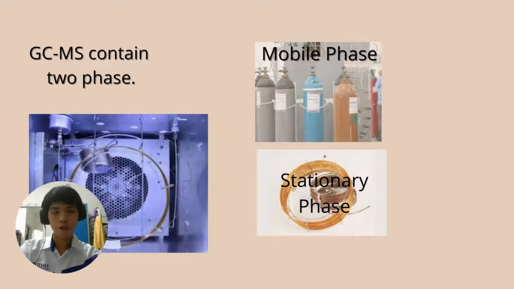Then, after knowing the use of gas chromatography, we look into the main components of GCMS. It must have a mobile phase and a stationary phase, where the mobile phase moves the analyte into the column and develops them to separate. After that, the analyte is eluted from the stationary phase to the waste.